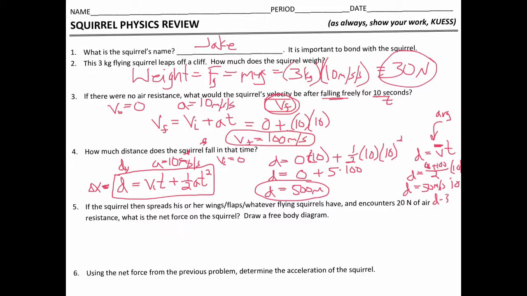Distance again is 500 meters. Alright, so a different way to do it. I recommend this one because it works in every scenario. You don't have to worry about finding the average velocity.